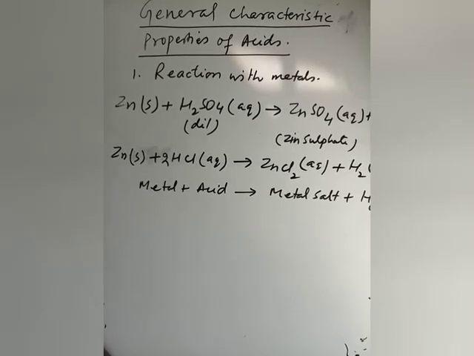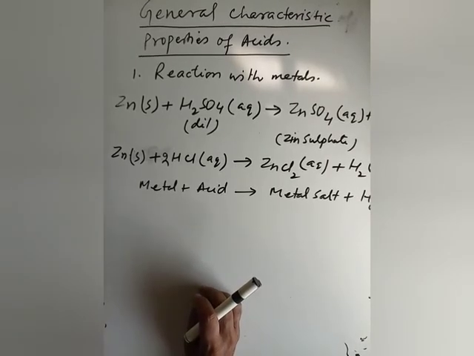It is because nitric acid is a very strong oxidizing agent. Whenever hydrogen is evolved from the reaction, it immediately oxidizes to water, and the nitric acid itself gets reduced to any of the nitrogen oxides, like N2O, NO, or NO2.